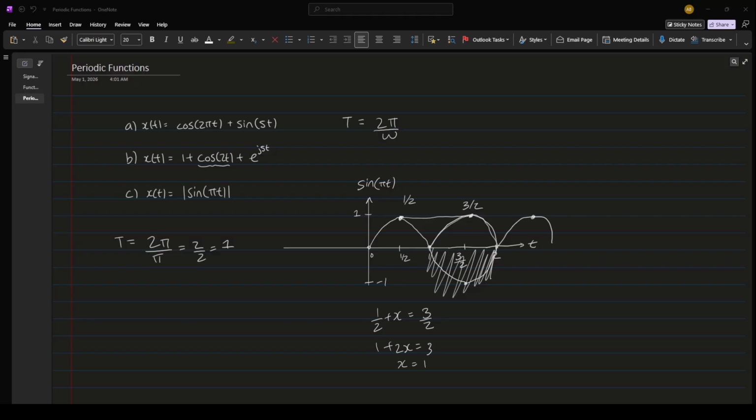But because of the absolute value, the negative section goes into the positive, and that shortens the period by half. So our period is going to be 1, and the fundamental period, because it's the only factor that we have here, is just going to be 1. And yeah, that's it for periodic functions.